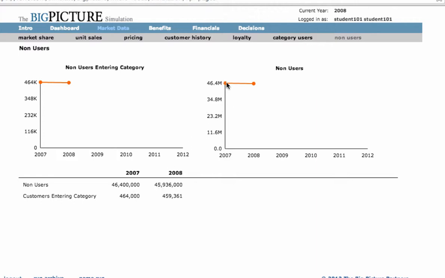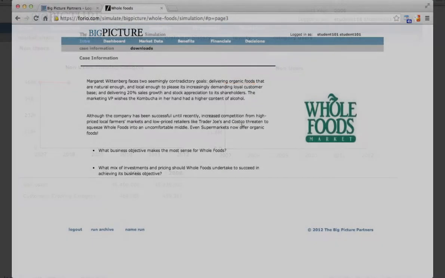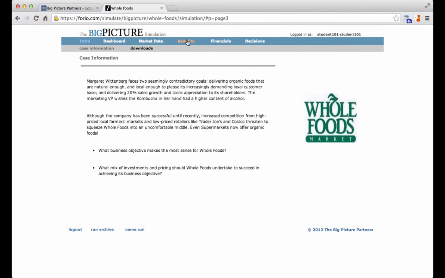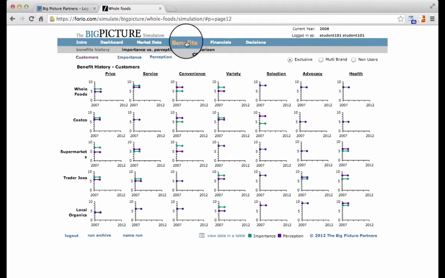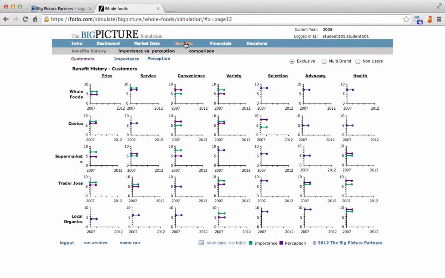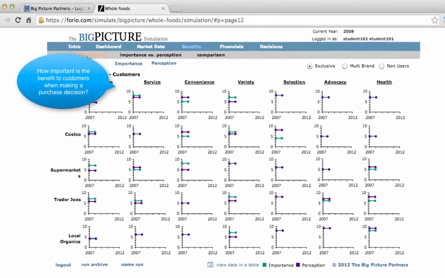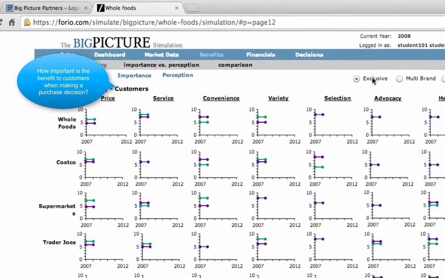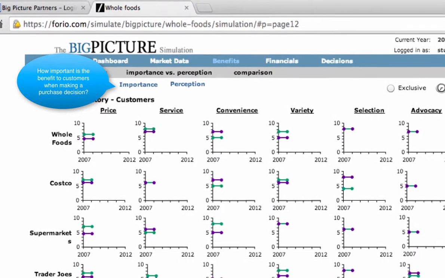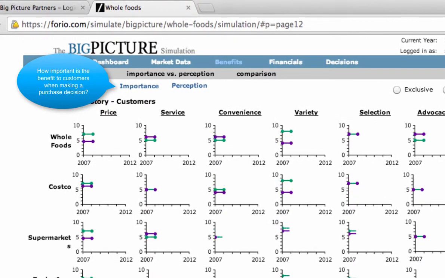We've reviewed all the market data. We can begin to think about the attitudes of our customers under the Benefits tab. Here we're interested in two important definitions: the customer's rated importance of different benefits and their perception of how well our firm and competitors' firms perform on those different benefits.